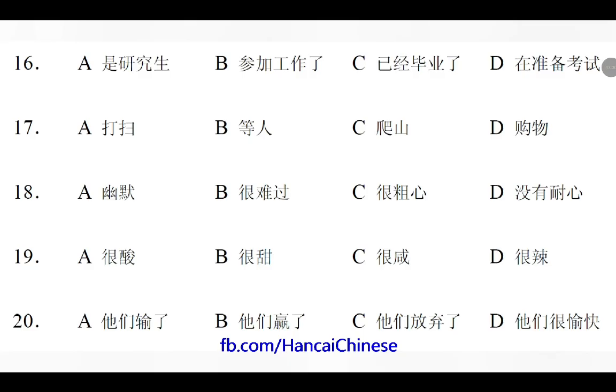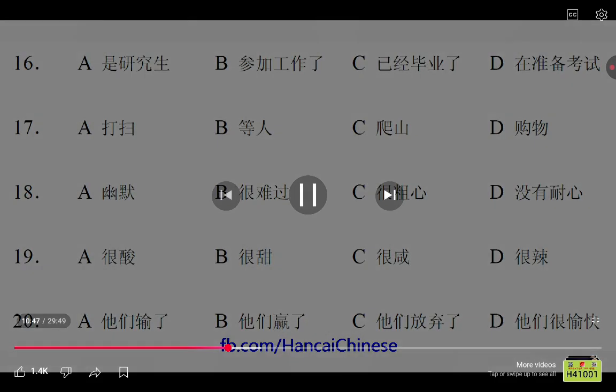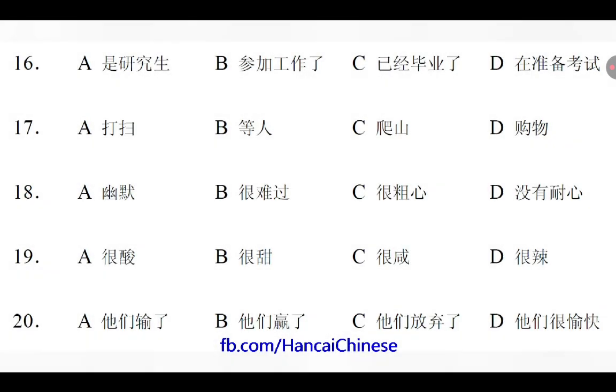16。你明年就毕业了，现在开始找工作了吗？没有，我正在准备研究生考试。关于男的，现在准备研究生考试，准备。And some of you listened for 毕业.